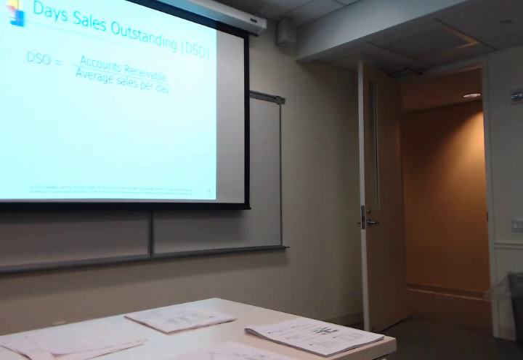Now, if your payment terms are 30 days, and every invoice is 30 days, and you were collecting on time, you would expect this to be 30, right? If it's not, if it's higher, what does it mean?